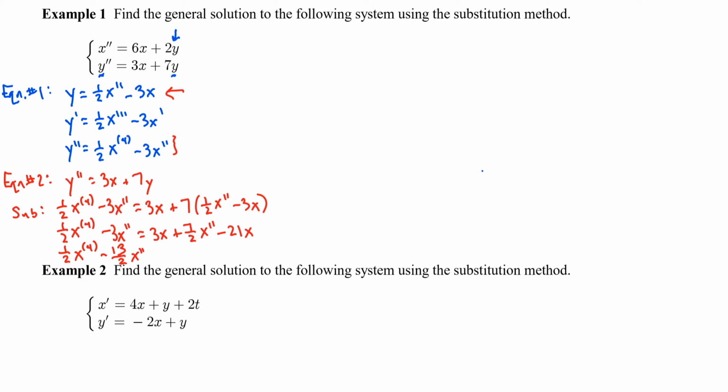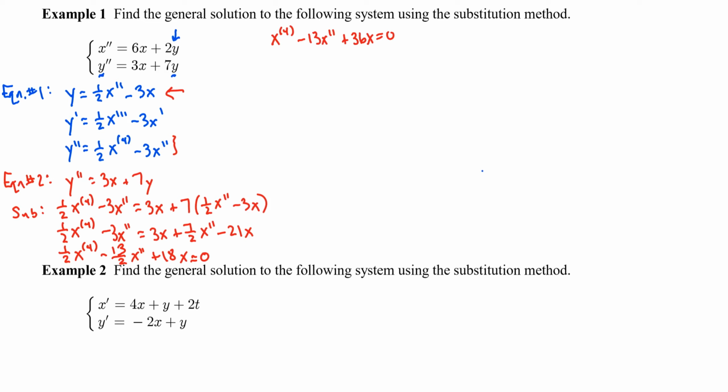On the right side, we have 3x minus 21x, that's negative 18x, and we'll pull that over here to the left side, 18x. Let's go ahead and multiply through by 2 to simplify. We would get the fourth derivative of x minus 13x double prime plus 36x equals 0.